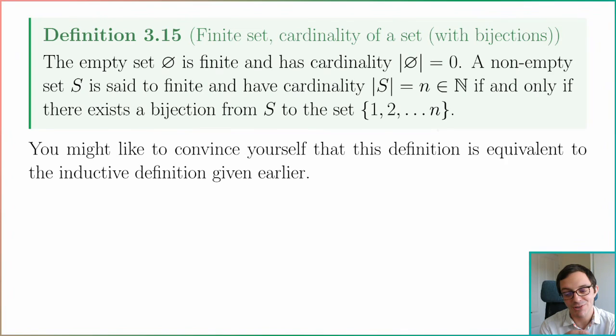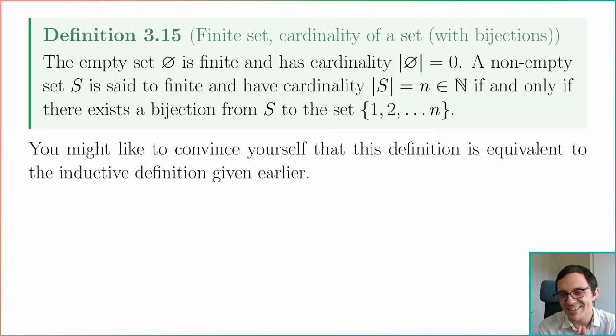You have to make sure that that function is injective, which means that you never have two elements going to the same number. When you say 1, you only point at one object. When you say 2, you point at a different object. And as it's surjective, you don't skip out any numbers along the way. You hit all of those numbers from 1 to n, no gaps.